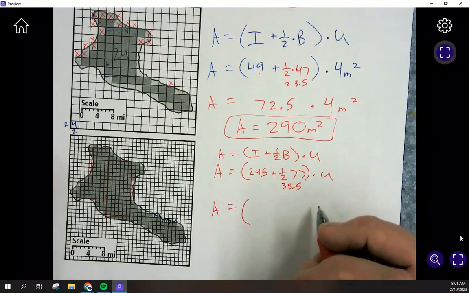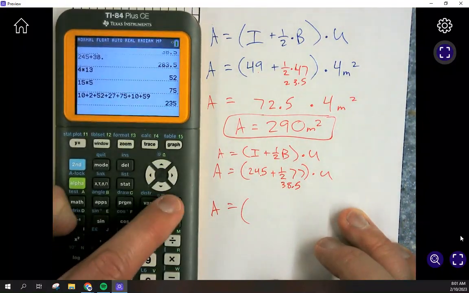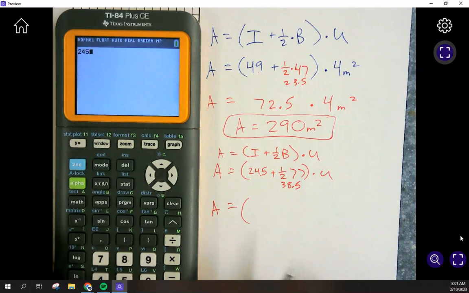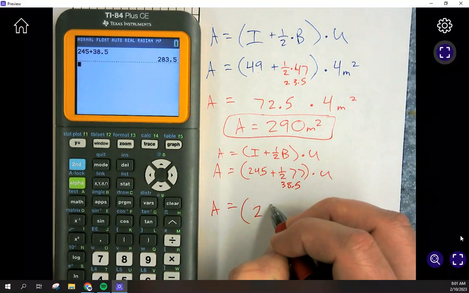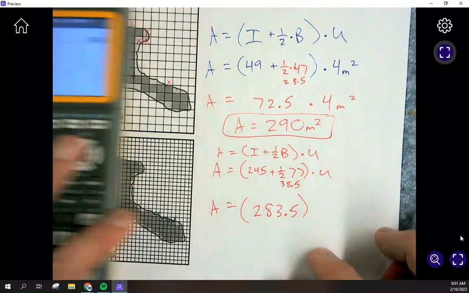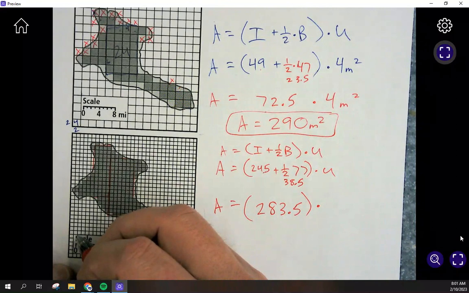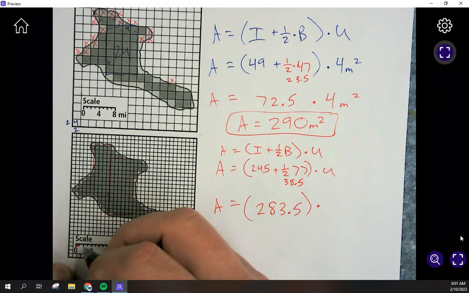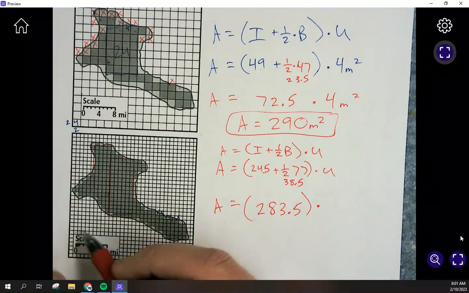So total number of boxes here. Let's grab that number. 245 plus 38.5. So 283.5 in here. And we have to times that by u. And now it looks to be that just one, so on the scale, just one tick mark, which does represent 1, is about how wide these boxes are.